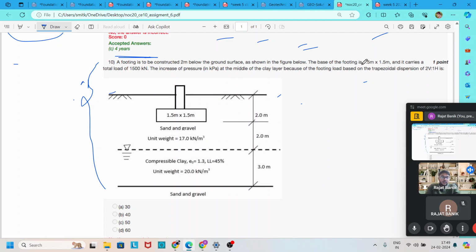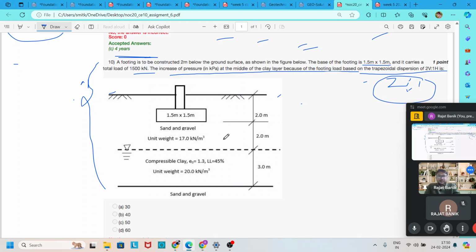The base of the footing is 1.5 meter by 1.5 meter, and it carries a total load of 1500 kilonewton. We have to find the increased pressure at the middle of the clay layer because of the footing load, based on the trapezoidal dispersion, that is the 2:1 load dispersion method.